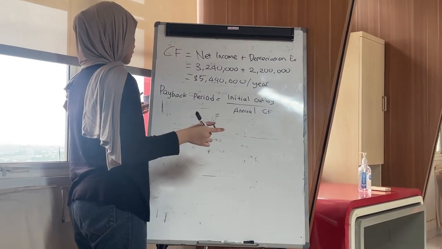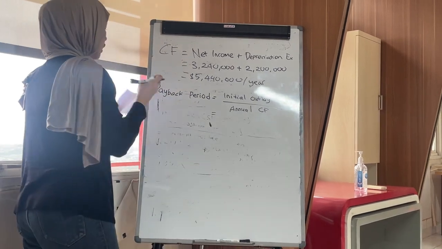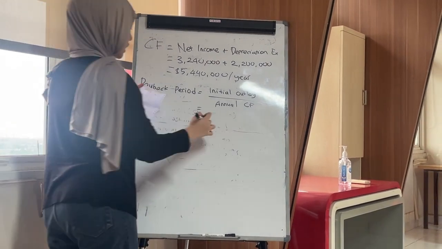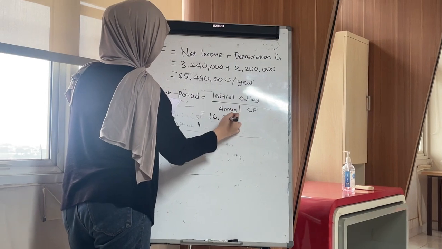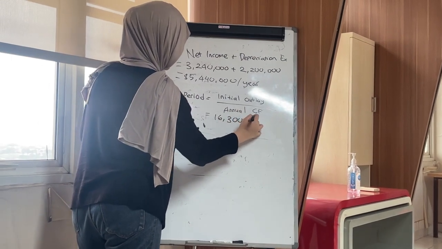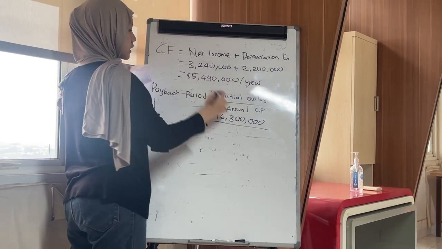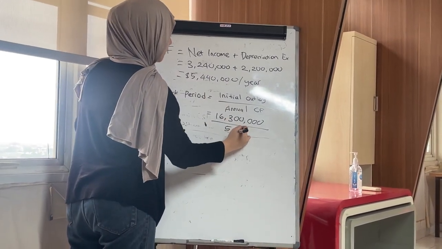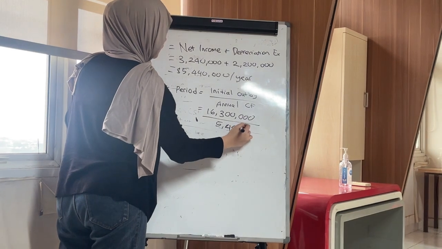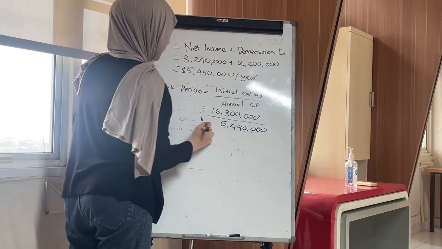The initial outlay, we know, is 16 million and $300,000, divided by the annual cash flow of $5,440,000.